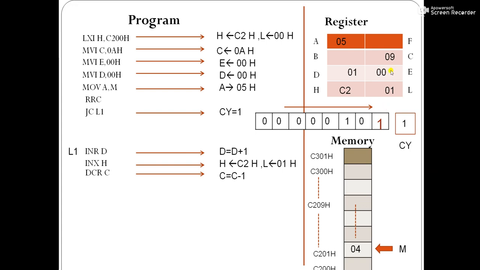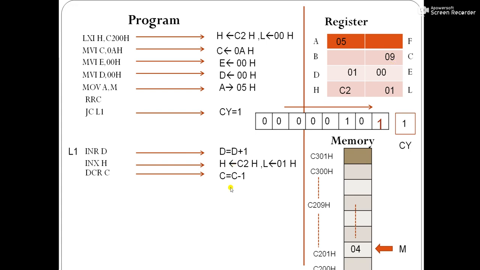Until we get register C at 0, we have to repeat the process. When C reaches 0, it means we have reached the memory location C209H. That is the final memory location, and after that we have to stop our execution.